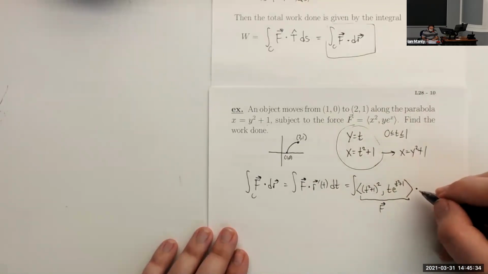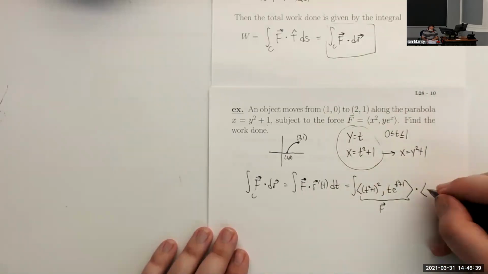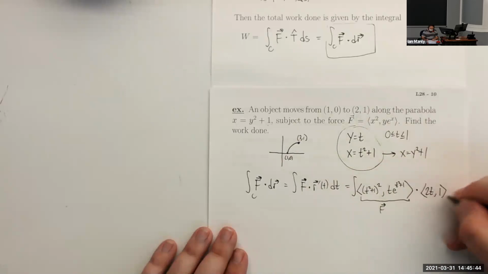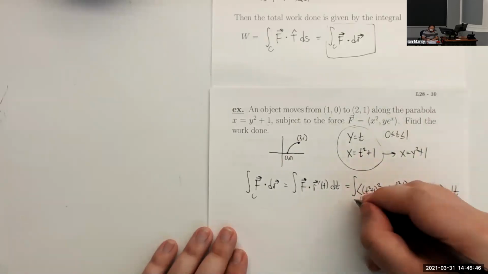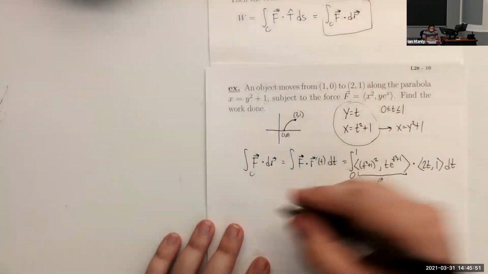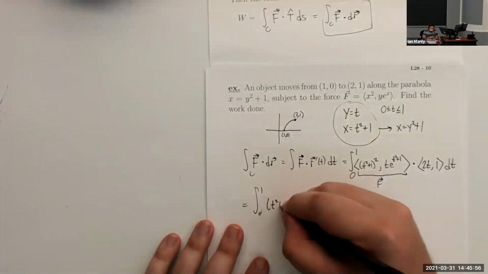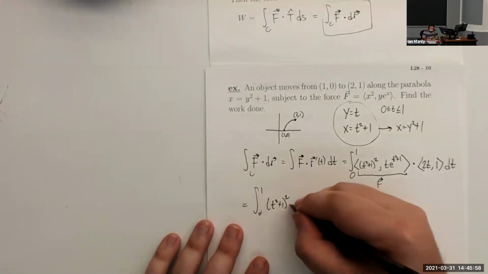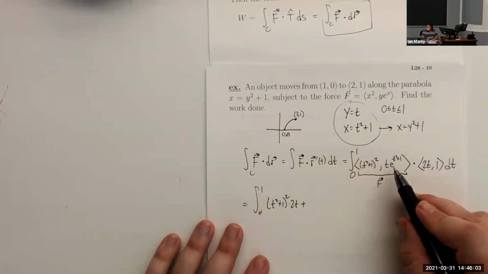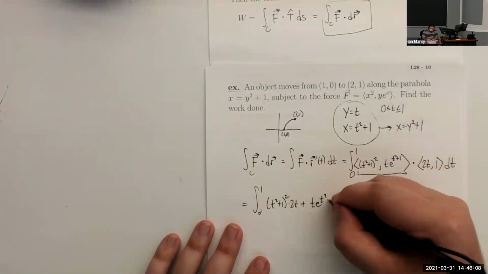And then r prime: the derivative of x will be 2t, and the derivative of y will just be 1. And this will go from 0 to 1. All right, so we go ahead and do this dot product, and we have (t squared plus 1) squared times 2t plus 1 times t e to the t squared plus 1.